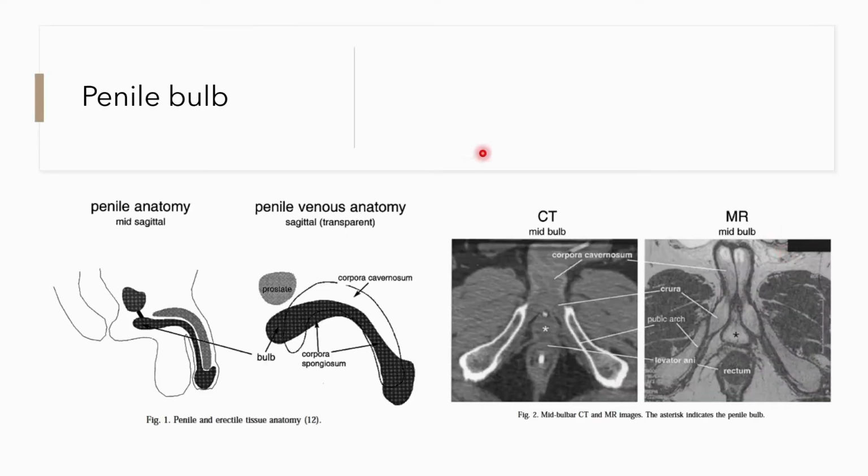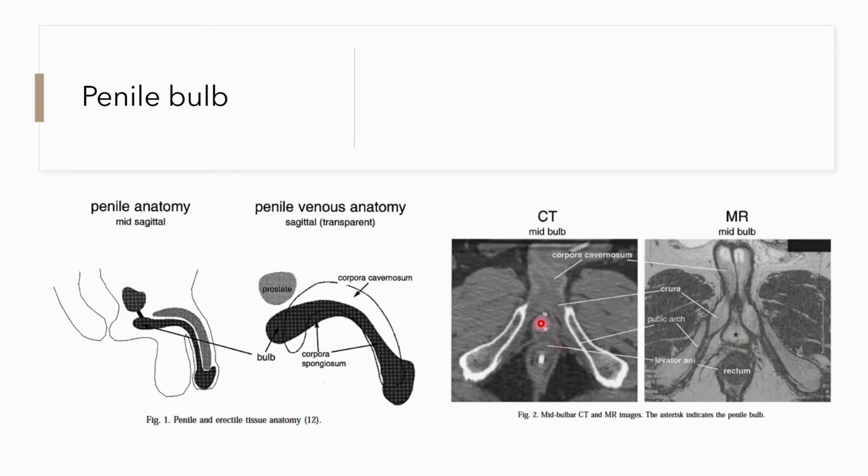Now, as I mentioned, in order to identify the prostatic apex, we need to identify the penile bulb properly. So what is the penile bulb? The penile bulb is simply the proximal part of the corpora spongiosum of the penis. If you look at the MRI scan on the right, you will see that it is very easy to identify on the MRI, and actually not difficult to identify on the CT scan either.